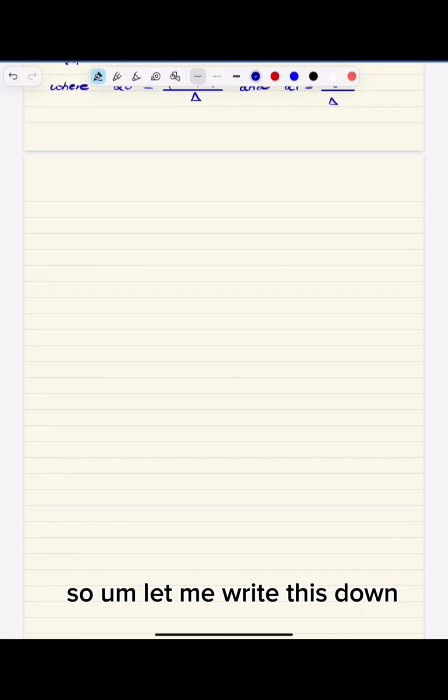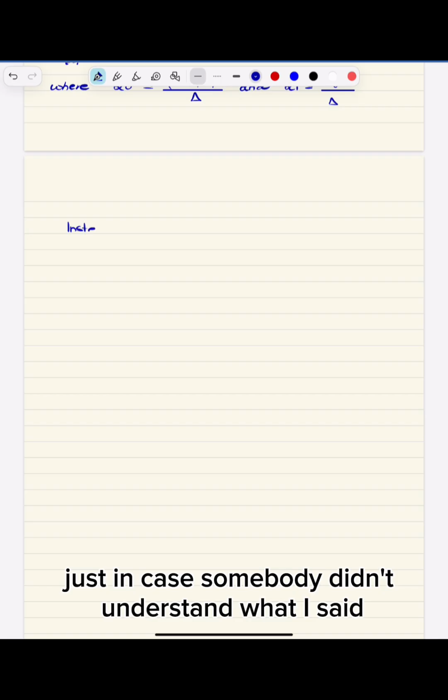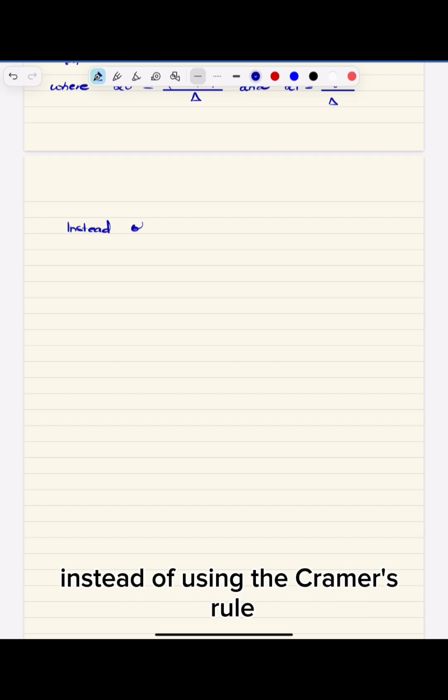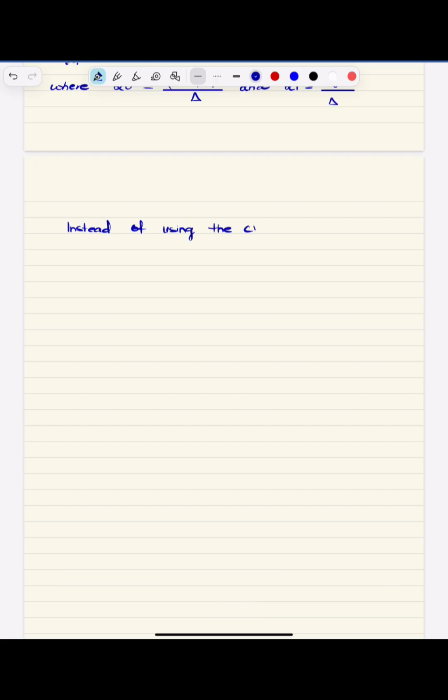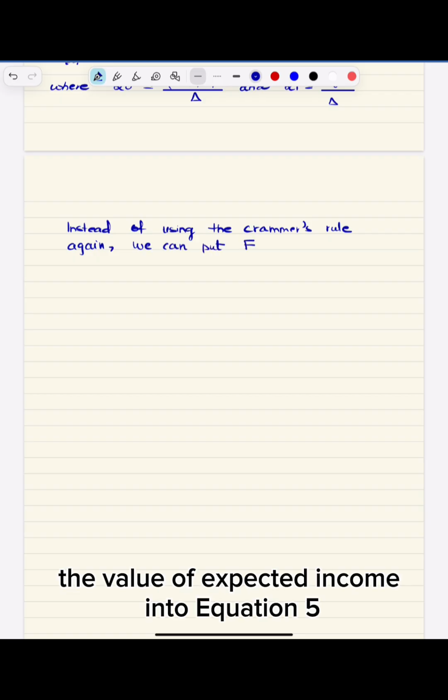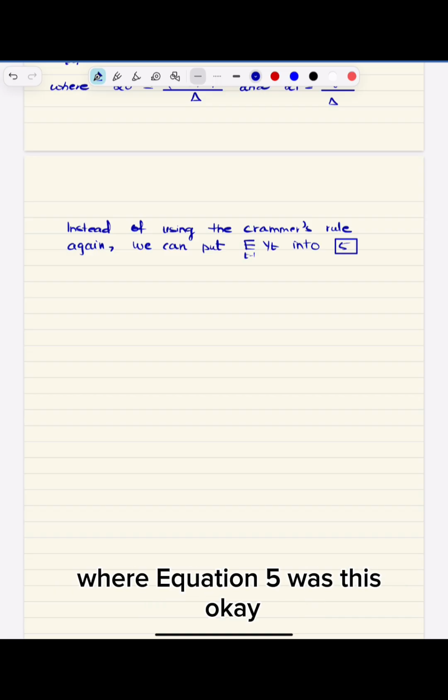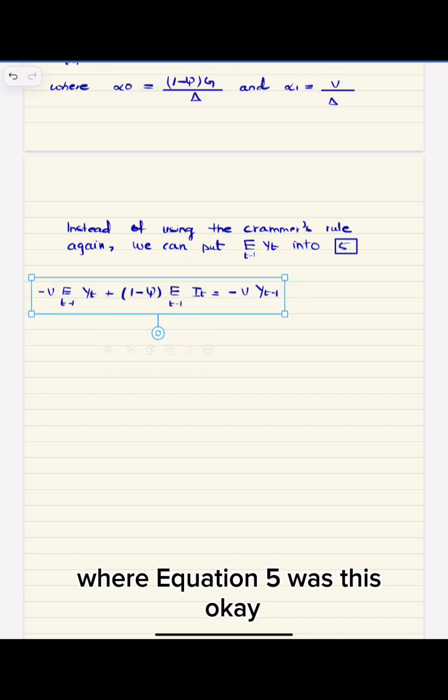So let me write this down just in case somebody didn't understand what I said. Instead of using Cramer's rule again, we can put the value of expected income into equation 5, where equation 5 was this.